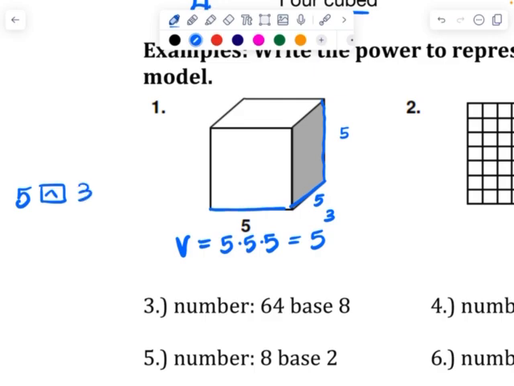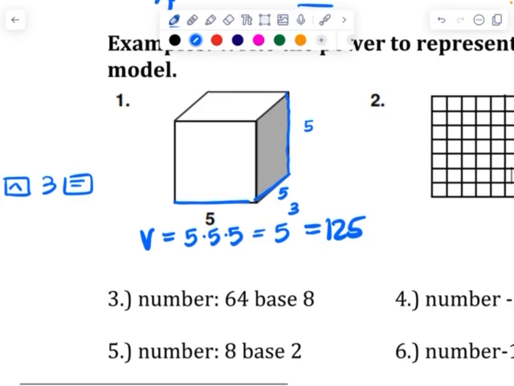You'll hit 3, and then usually equal or enter, and you hopefully should get 125 units cubed. And we have a label of units cubed because we multiplied 3 dimensions. We multiplied a length, a width, and a height. It's a 3D figure.